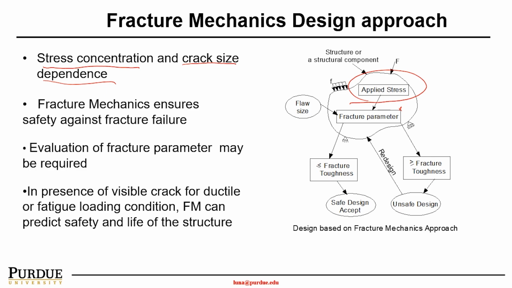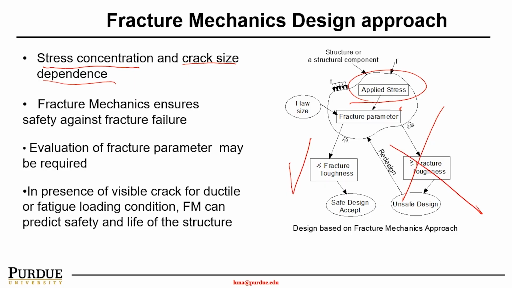If the fracture parameter is smaller than the fracture toughness, this is a safe design. If the fracture parameter is bigger than the fracture toughness, this is not okay. We will redesign.